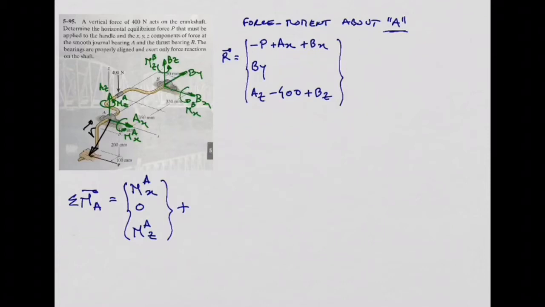I need to define an x component for this vector R. How much is the x component? 0, very good. It has no component in the x direction.